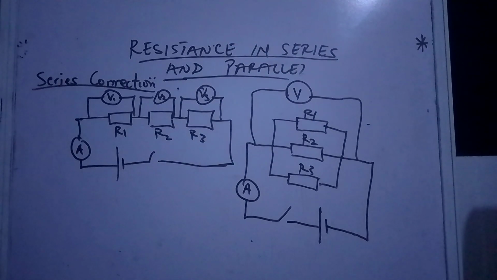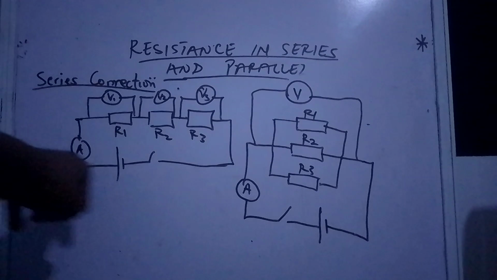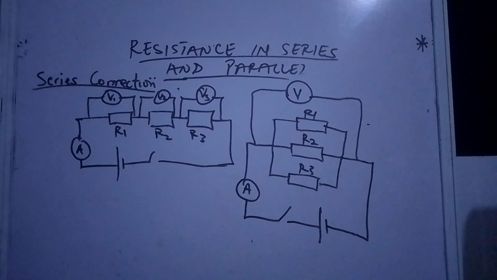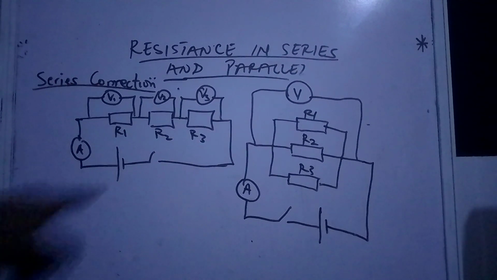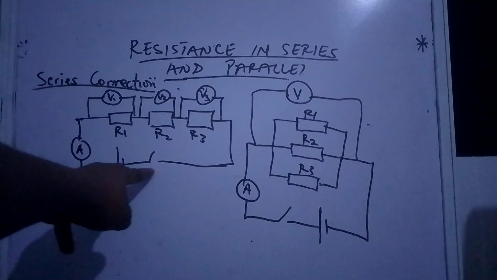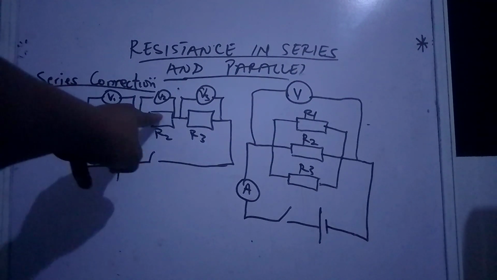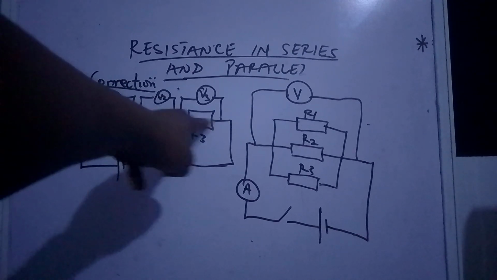So in the case we have a situation whereby current flows through all the resistors in the circuit without breaking in parts, that is, it flows directly like this, then what we are having is called a series connection. So in a series connection, the concept is very simple. You must understand this concept. The same current flows through the resistors. The same current that flows from the source, the same current flows through R1, the same current flows through R2 and R3.